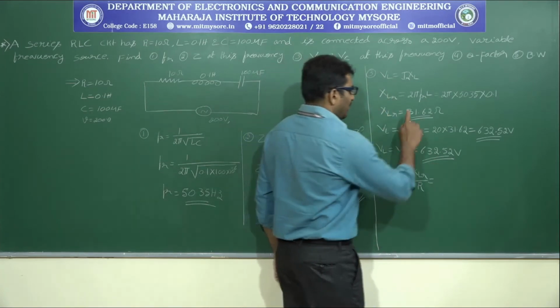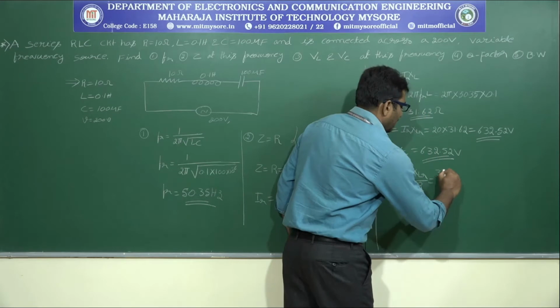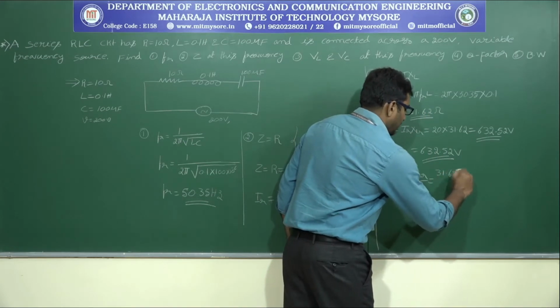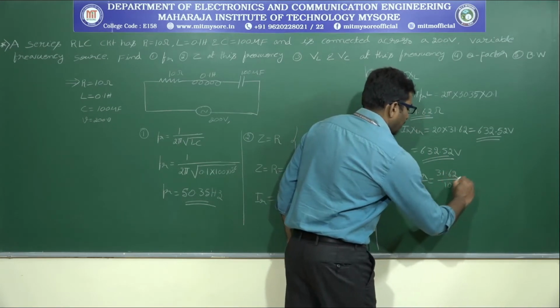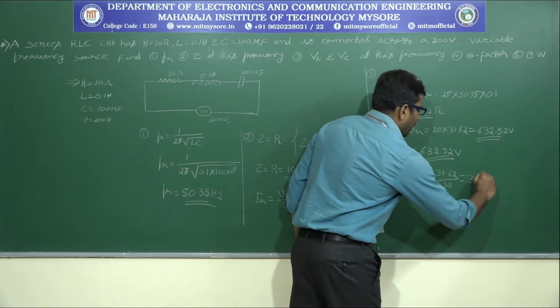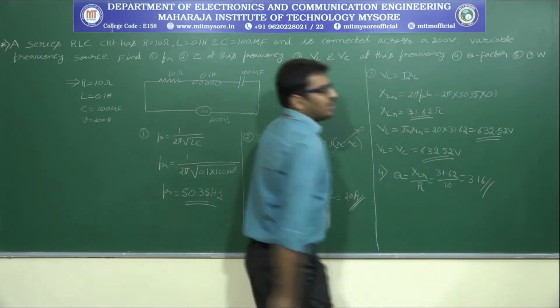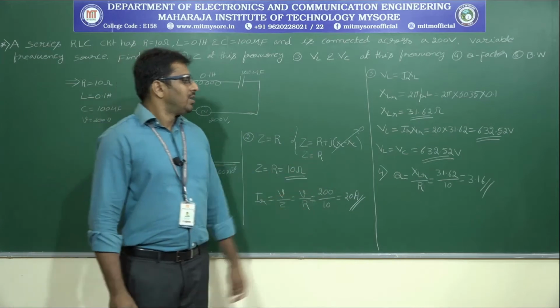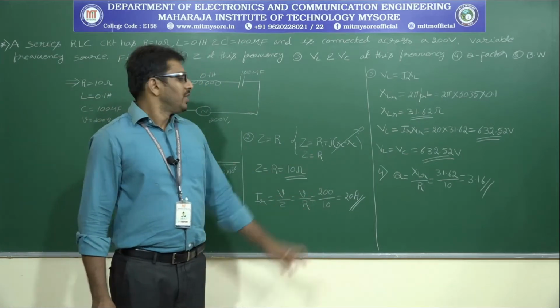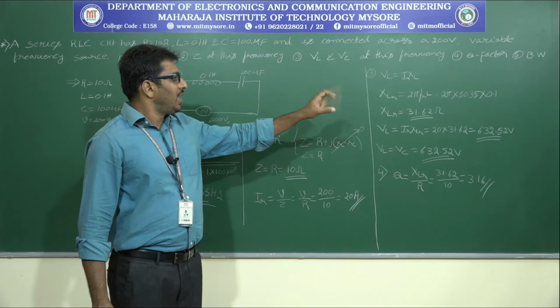So what is XLR? Already we calculated, right? 31.62 divided by our 10 ohm. Therefore, 3.16. So, what is the quality factor value? 3.16.